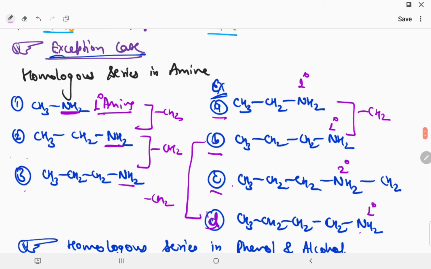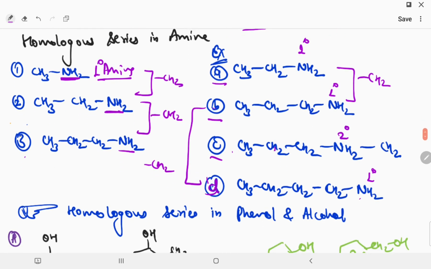So D and B are homologous to each other, but C is not homologous to A, B and D. Is it clear? So A, B and D are a homologous series, but not C.